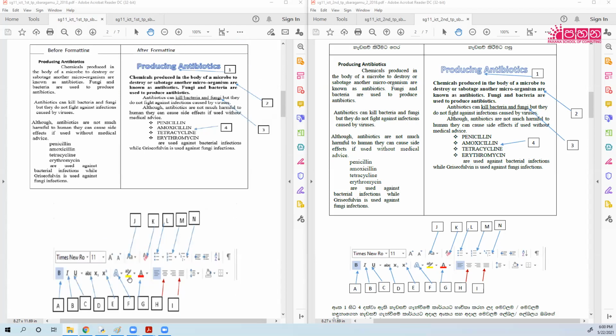Right? So the labels are given here. We have to identify what is number 1, 2, 3, and 4. What tools do we need to use? First one.